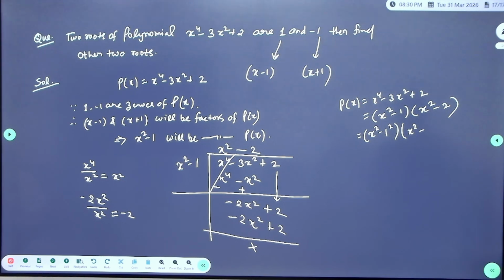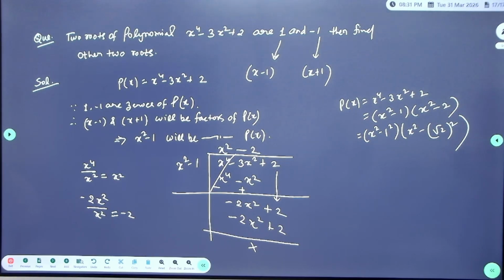Can we write 2 in the form of a square? Is 2 the square of some number? 2 is the square of root 2.